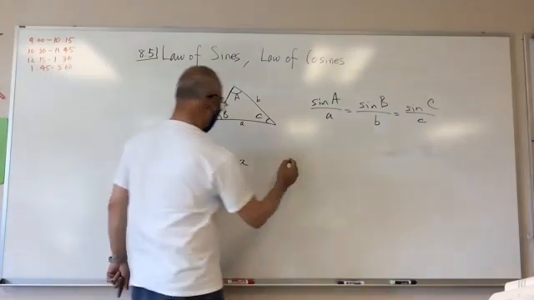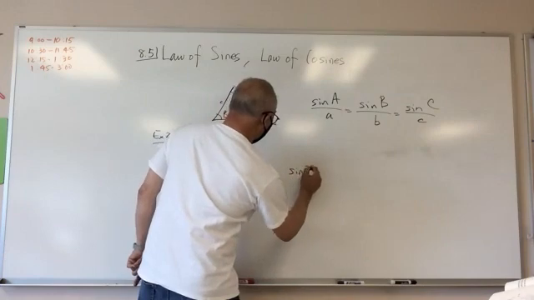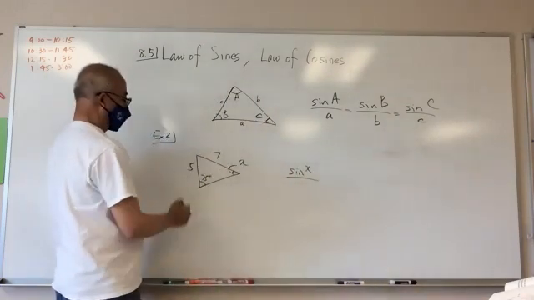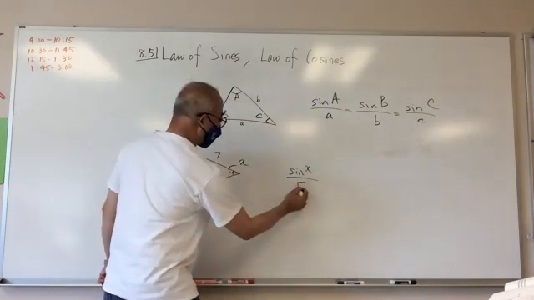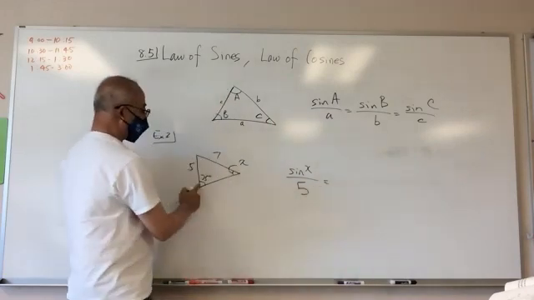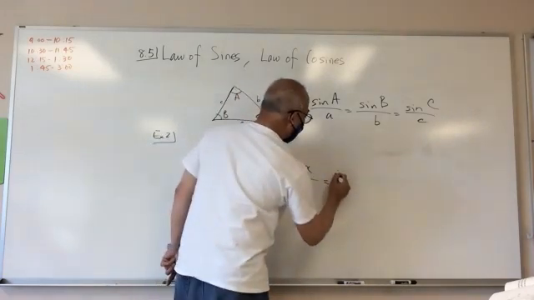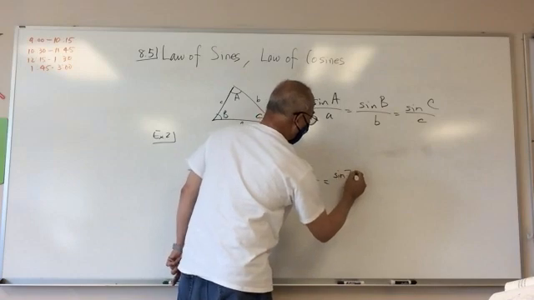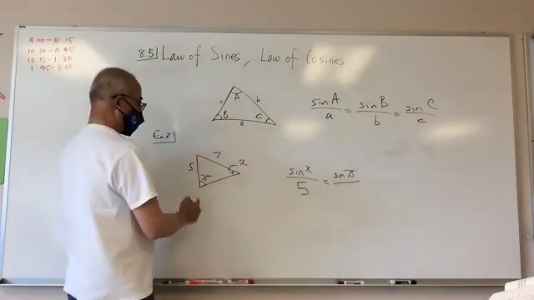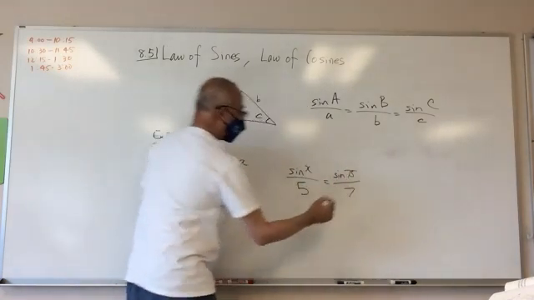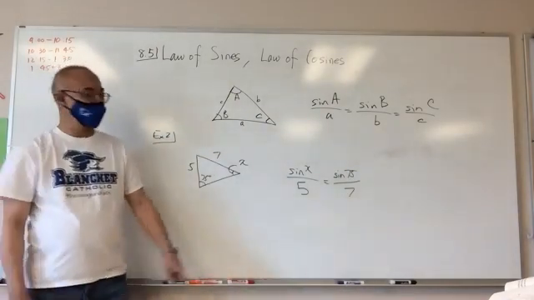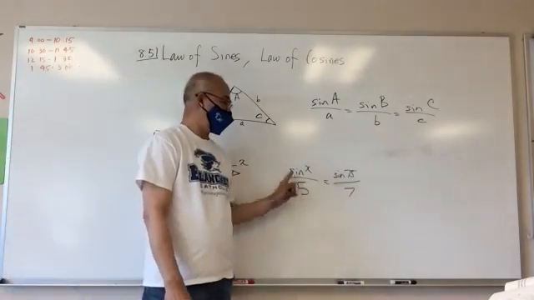I know everything. So sine of x over 5 is equal to sine of 75 over 7. A number, we're good to go, right?